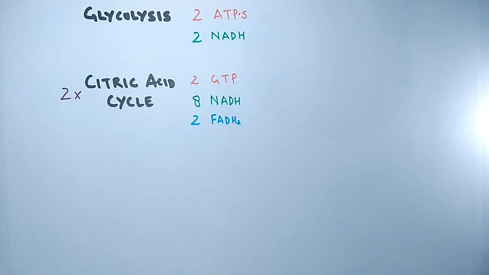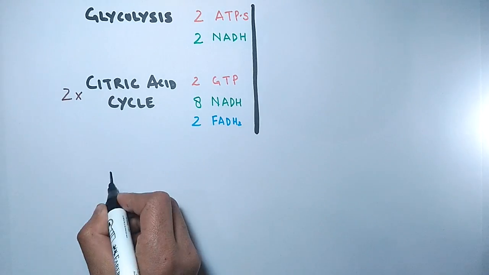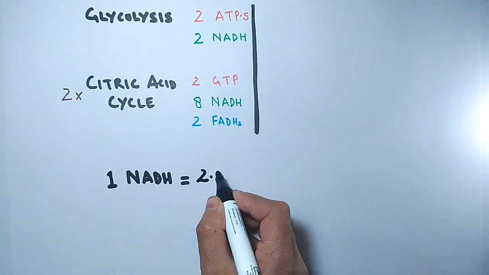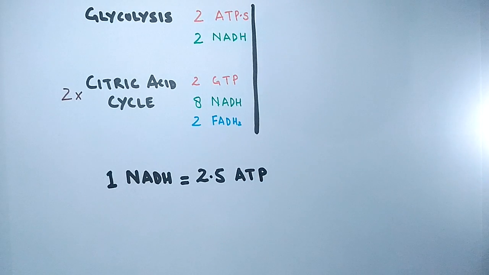Before getting to the calculation part, remember that 1 NADH molecule yields 2.5 ATPs in oxidative phosphorylation via the electron transport chain. So the question is, why does 1 NADH yield 2.5 ATPs, not 2, not 3?